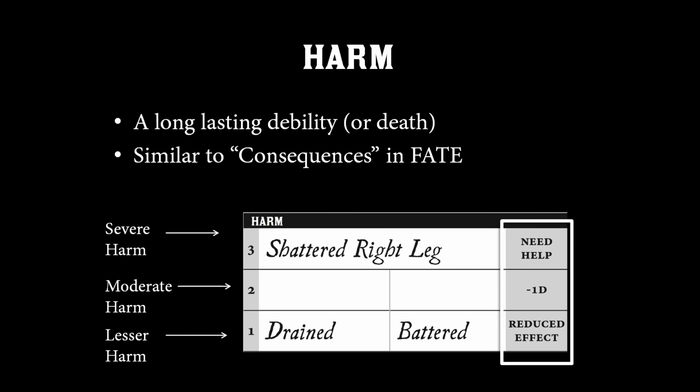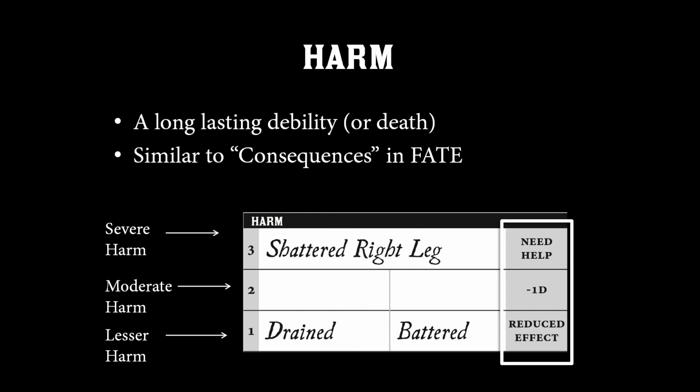And again, this encourages conversation. It encourages the players and the GM to decide, okay, well, they took one lesser harm, but what does that mean in the fiction we have established? It makes things a little bit more interesting than take 2 HP damage, right? That is less interesting than actually specifying the kind of harm that the player character has suffered.